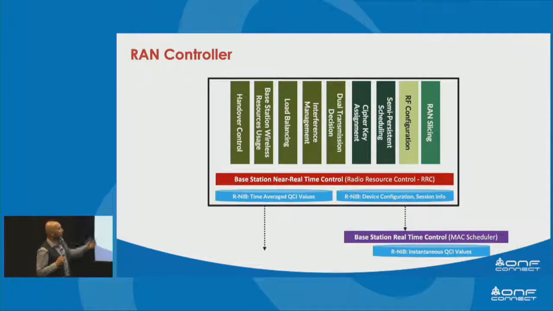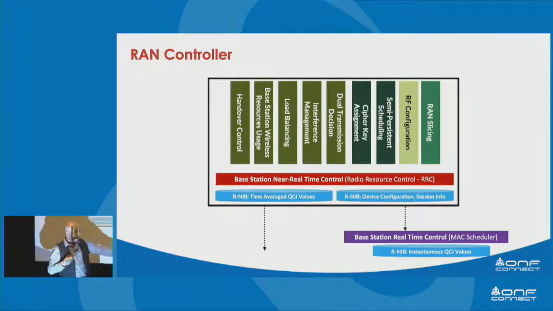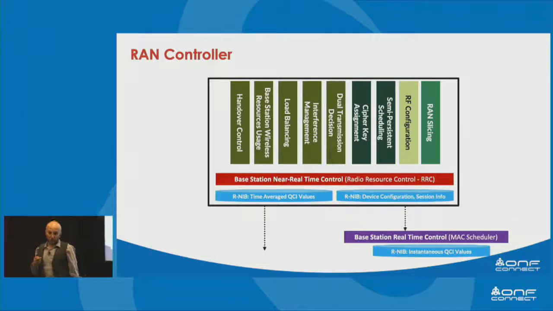I'll have the near real-time controller that has a bunch of RRM control applications, and the real-time control, which is the scheduler, will probably have a number of schedulers on it. And as far as the network state is concerned, the real-time control will need instantaneous QCI values, whereas the near real-time would probably need time-averaged QCI values. And the device configuration, session information, etc., will also need to be there.